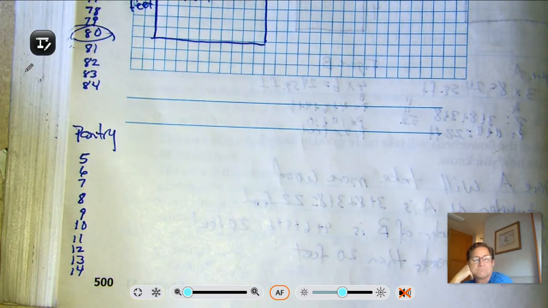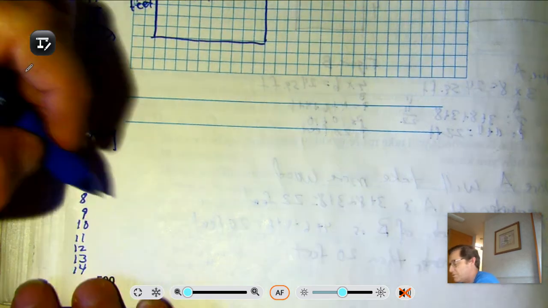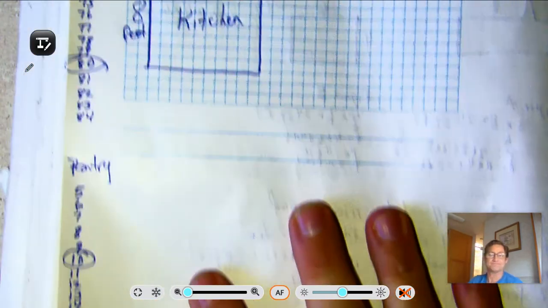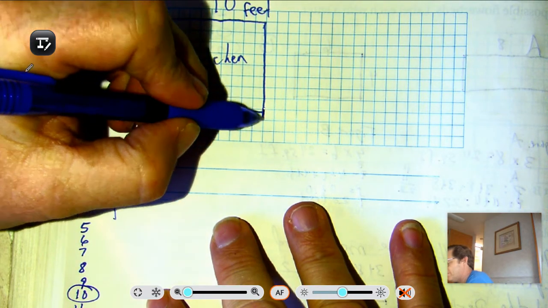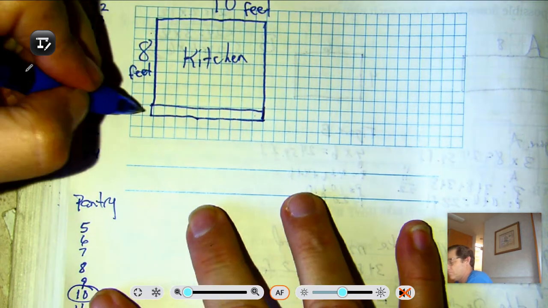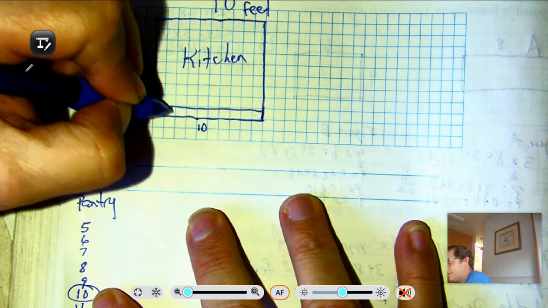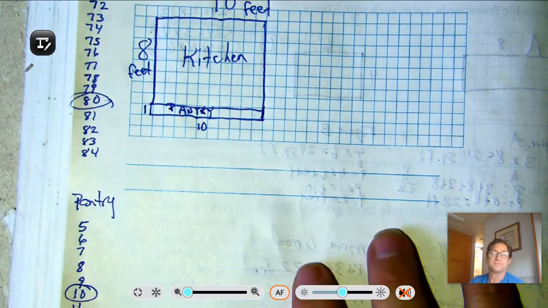I don't know. Just choose one and come up with two numbers that multiply together to give you that. I think I'm going to use the 10. And I'm going to make it a 10 by 1 pantry. 1 by 10. And I'll write the pantry in there.